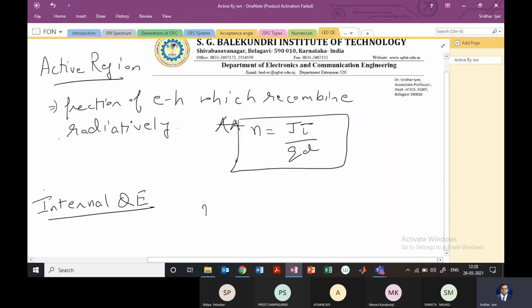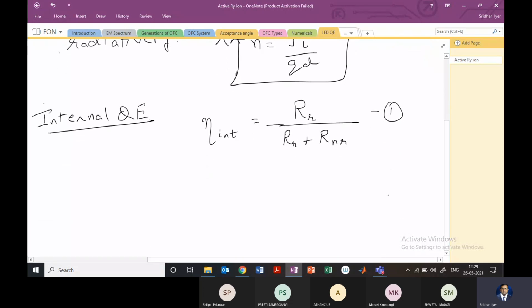That means the internal quantum efficiency, eta subscript IQE, is nothing but the radiative recombination R_r divided by R_r, which is radiative recombination, plus R_nr, non-radiative recombination, right? The denominator is the total recombination, whereas the numerator is only the radiative recombination. We'll call this equation 1.